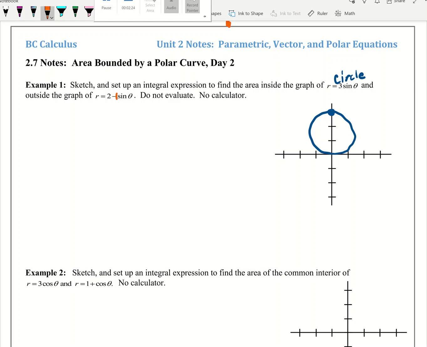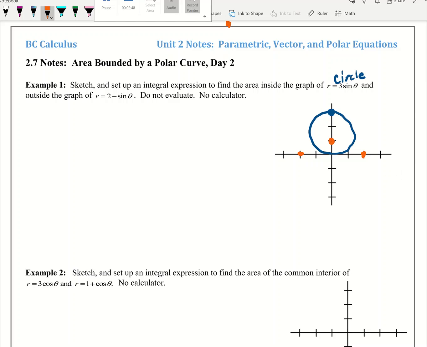I'm just going to put in some values for sine. When theta is 0, the sine will zero out and I would just get a 2. That's also going to happen when theta is pi, because sine of pi is 0. When I use theta as pi over 2, I get 2 minus 1, which is 1.